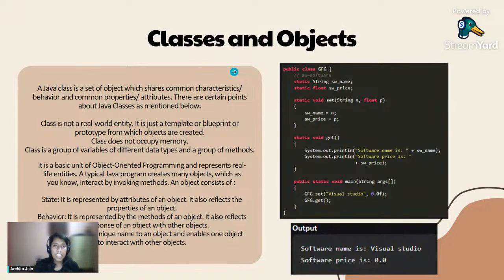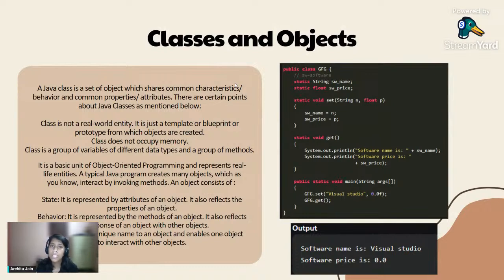Now, talking about classes and objects. What basically is a class and an object? A class, we can say, is the blueprint of an object. The blueprint of an object basically means that if we have defined a class, let's suppose we are taking a class Vehicle, and in Vehicle there are many properties and behaviors of a vehicle.